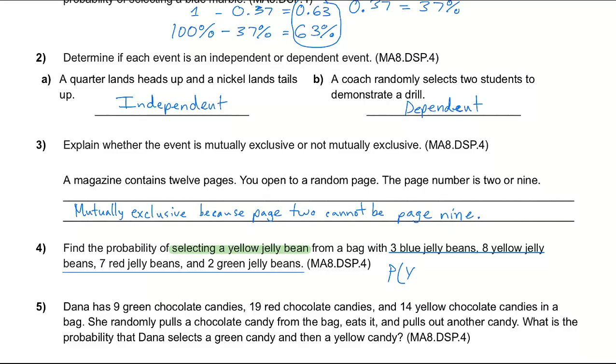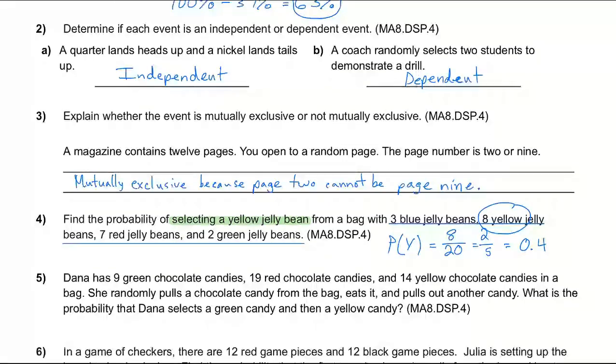There are 8 yellow jelly beans at the beginning, and a total of 20 jelly beans, which simplifies to 2/5, which is 0.4. Or 40%. 2/5, 0.4, 40%, it's all the same.